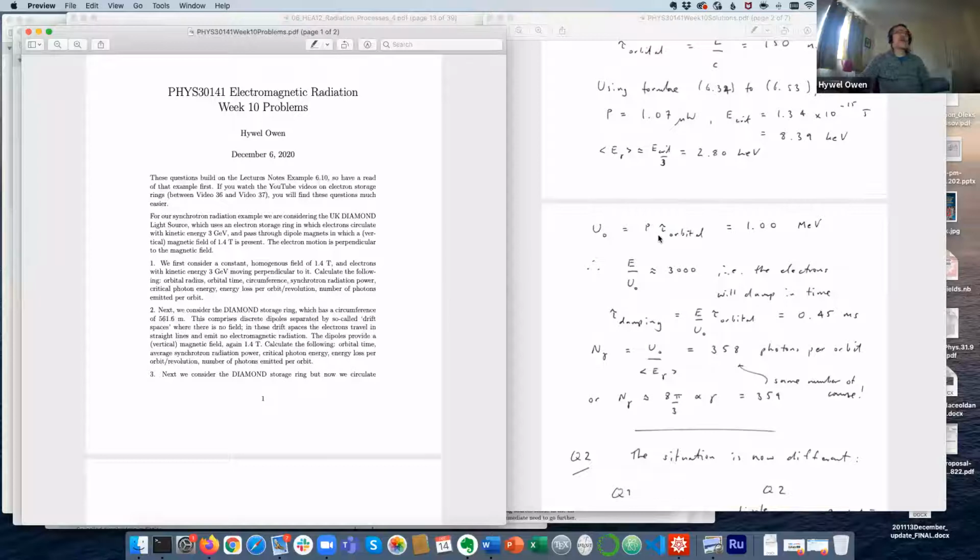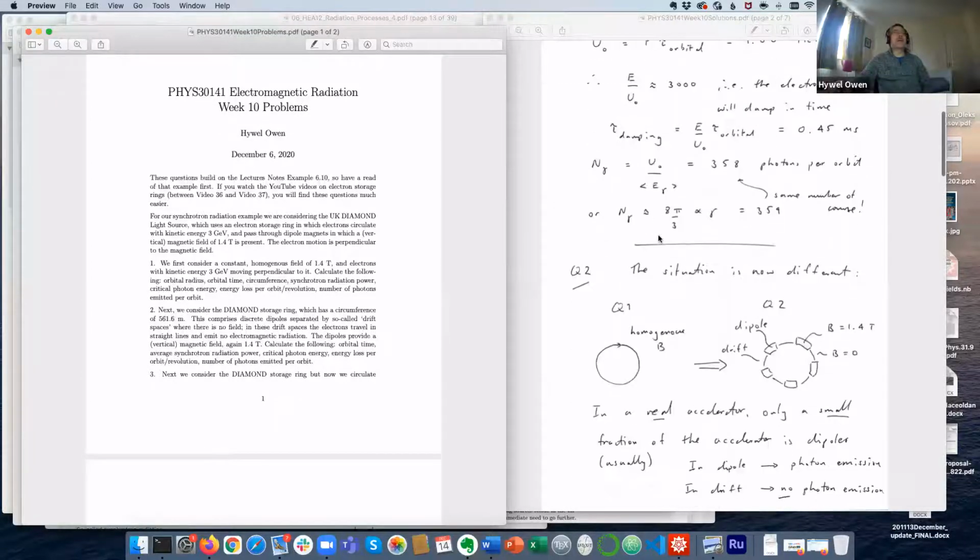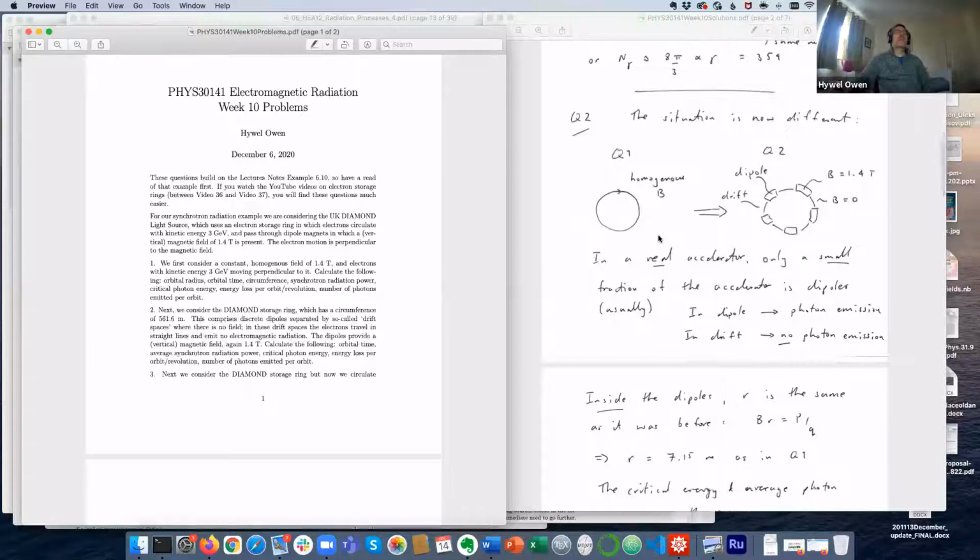So question 2 is the real accelerator. In question 1, we had a homogeneous magnetic field, B, but in a real accelerator, those regions where the magnetic field exists are separated. We call those regions dipoles because they have a north and a south pole.